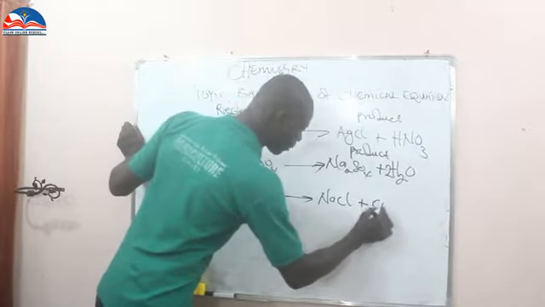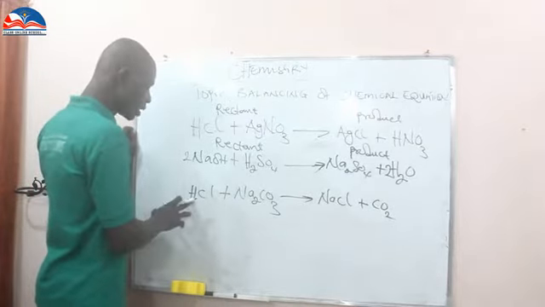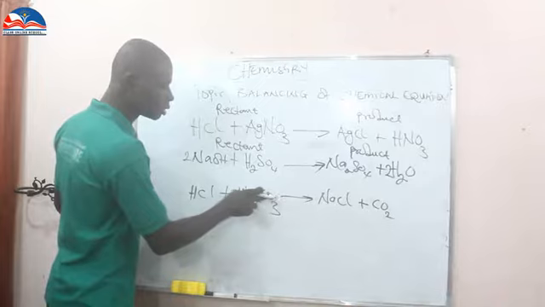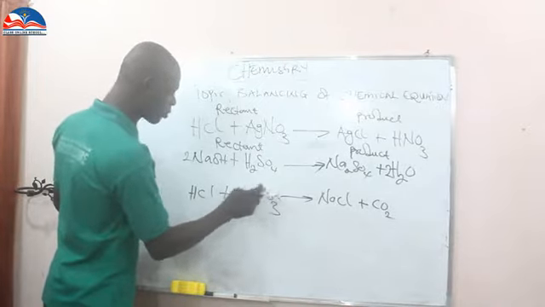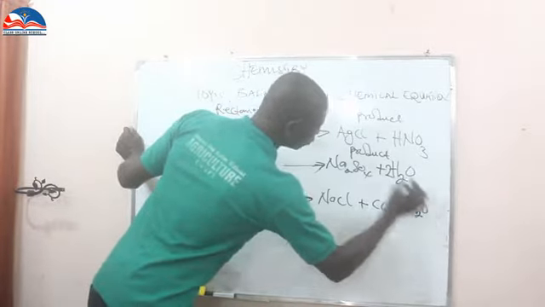I'm going to reduce this to carbon(IV) oxide. Hydrogen, there's 1 hydrogen here and 1 oxygen is missing from this place. When I combine two of them together, it becomes water.